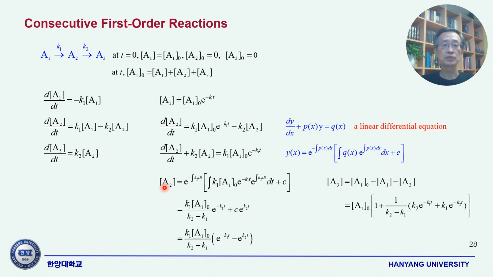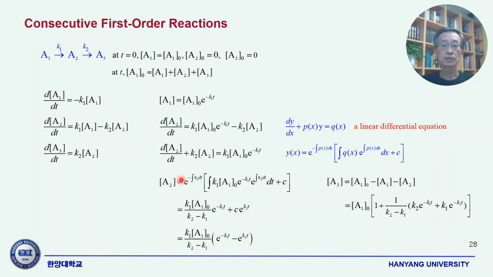So a2 itself equals e to the integral of minus k2 dt, times the integral of k1, this known function a1 naught e to the k1t, and this time it is plus k2t, plus the integration constant c.